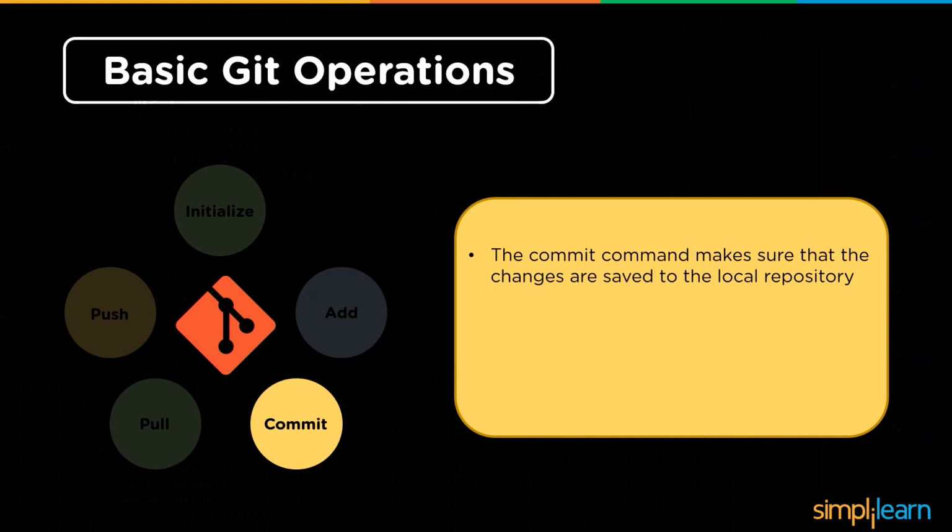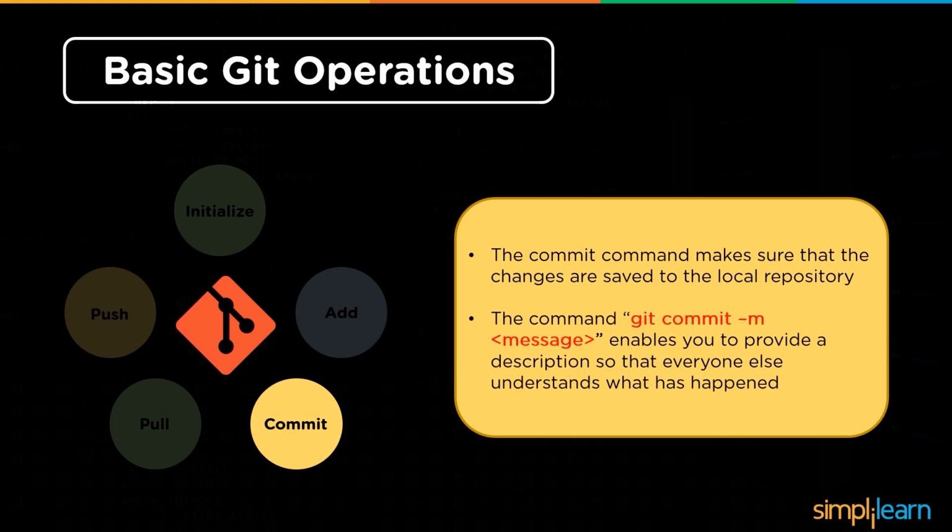Now the commit is where you change the history of your repository. It makes sure that the changes you are making are permanently preserved in the Git repository. So the git commit command requires a particular flag called -m. The -m flag is for providing a custom message for the reason you are doing the git commit.